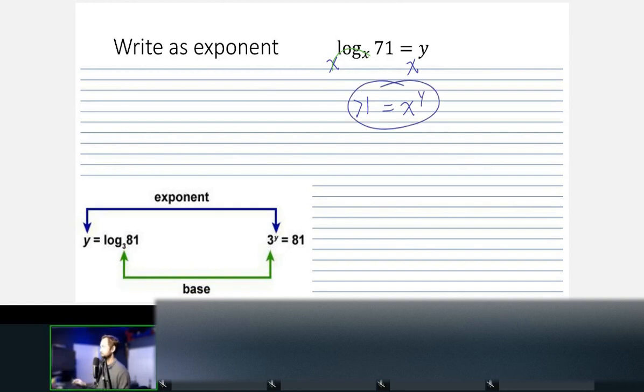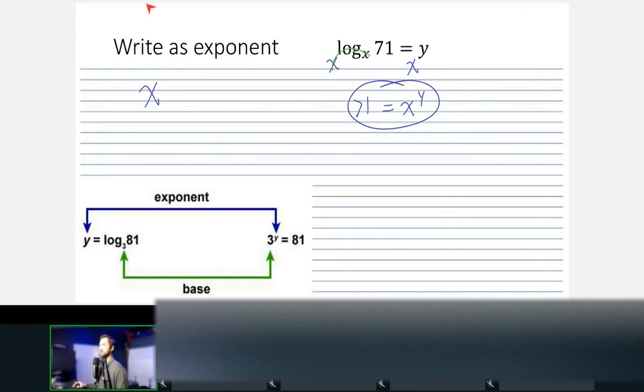Yeah. So let's look at the change formula that they give us. So we are in this log form here. We have y equals log base 3 of 81. So it just flip-flopped around. That's fine. So that means going to the answer, the base is the base of the log. So we have x. And then the exponent is going to be what the log equals, which is y.